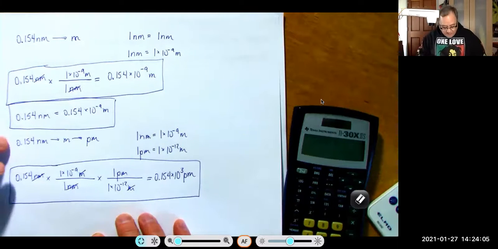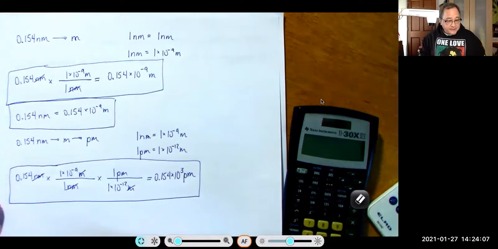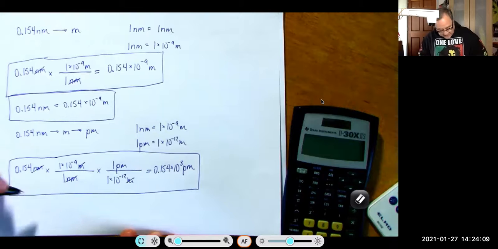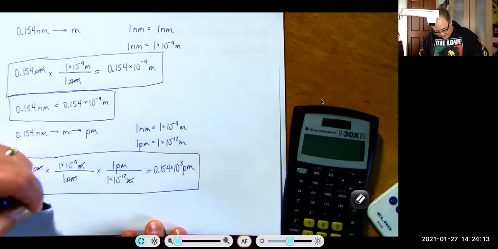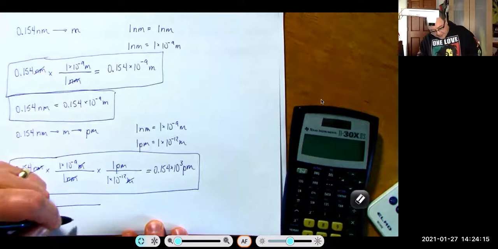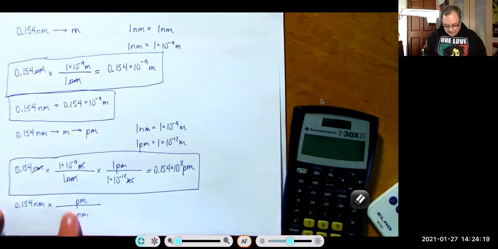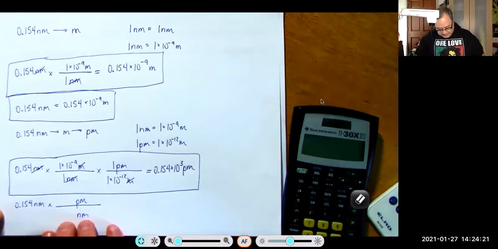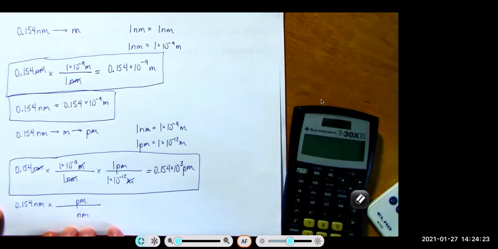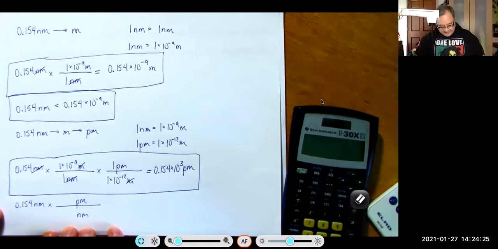Now, if I remember, Rebecca, you have kind of another way of doing this, and it would be something along the lines of this, where you would put nanometers on the bottom and picometers on the top, and you would put the correct numbers here. Right, just the difference. And do you know what it is? Just 10 to the 3. Okay, you're going to put that on top or the bottom? The top.